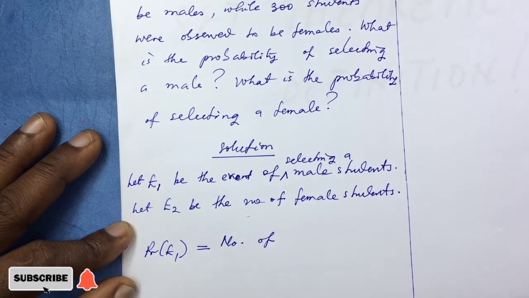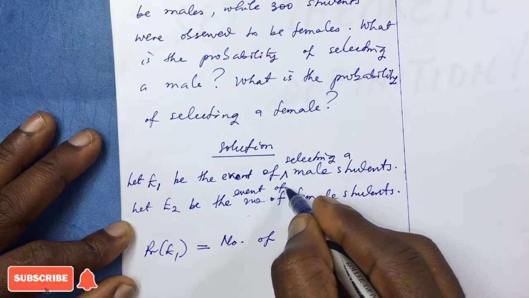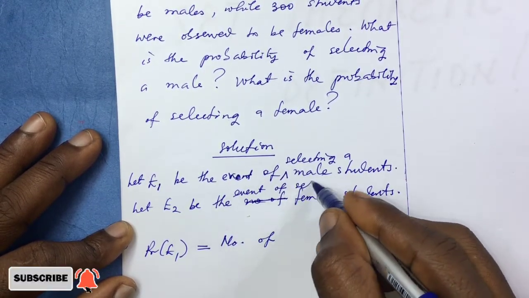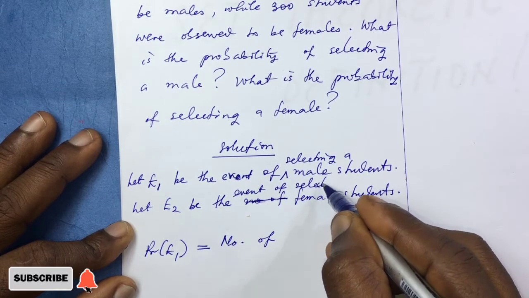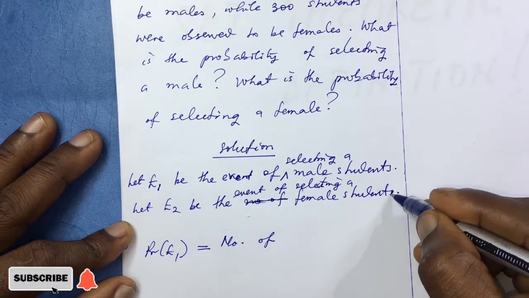Okay, so that's proper. Let E2 be the event of selecting a female student.